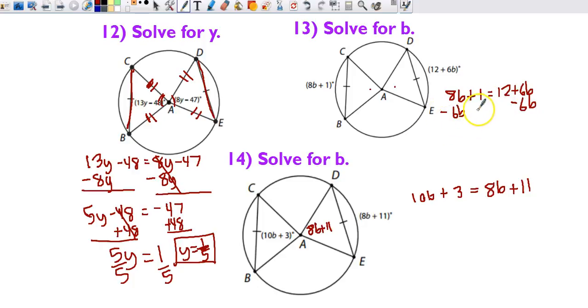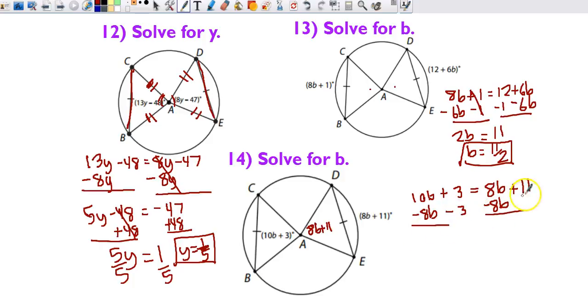Pause it if you want to try them on your own. All right, I believe these are the answers: 1/5, 11/2, and 4.